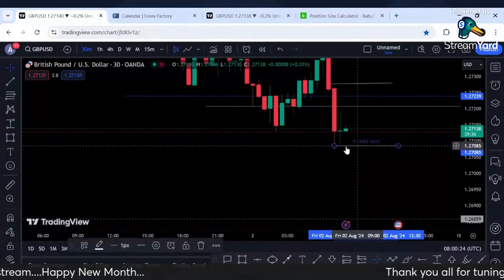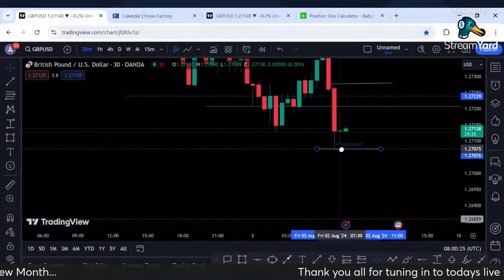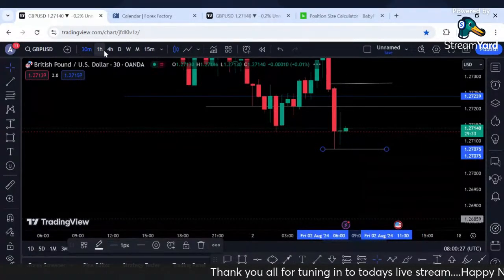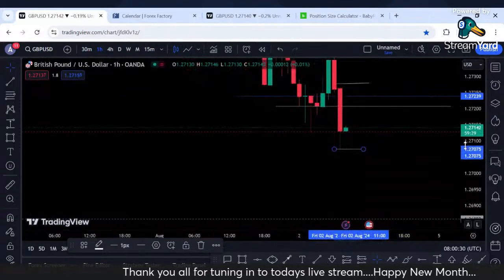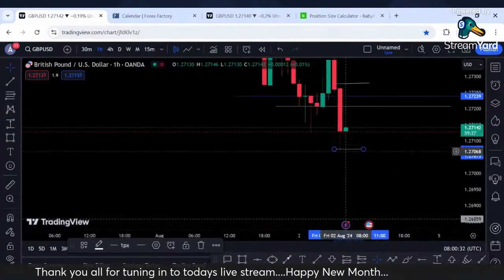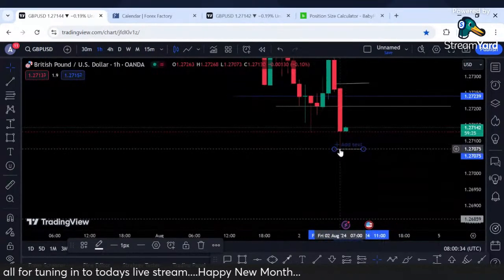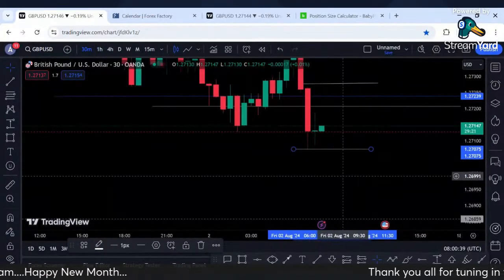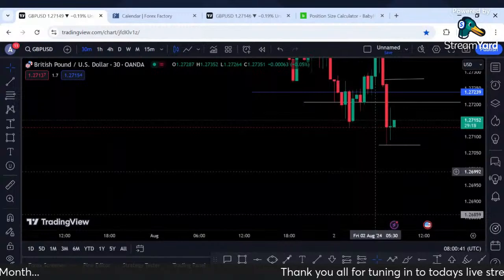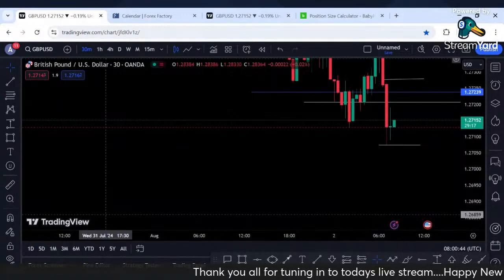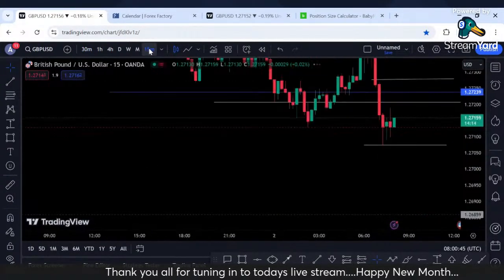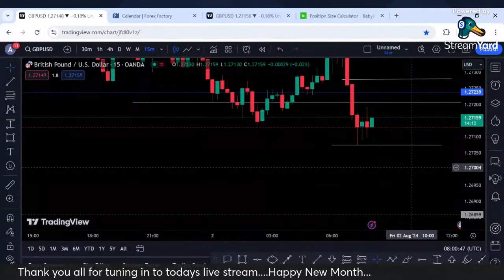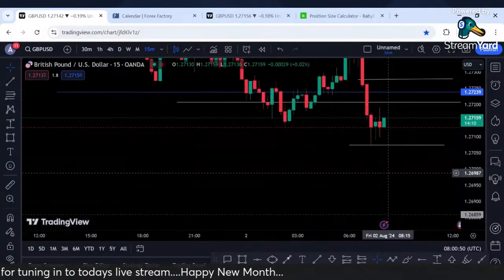So I would like it if it breaks this one. Let's see the H1. Yeah, so if it breaks this H1 candle, because the 50-minute structure is doing good.